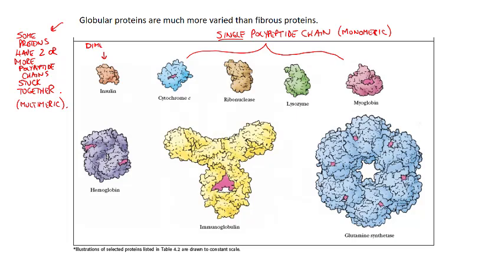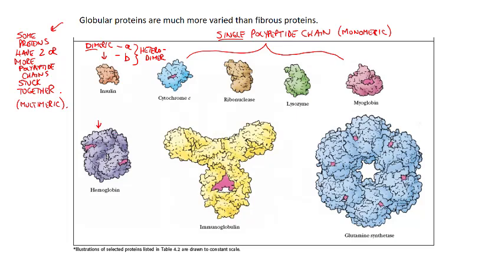Insulin is a dimeric protein. It's got two chains, an A chain and a B chain. And A and B are different, so it's said to be a heterodimer. So insulin is one of the smallest multimeric proteins.